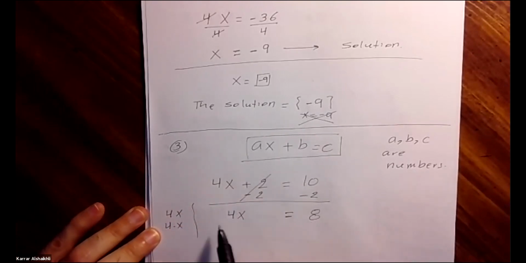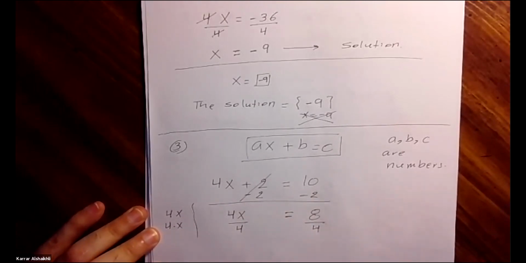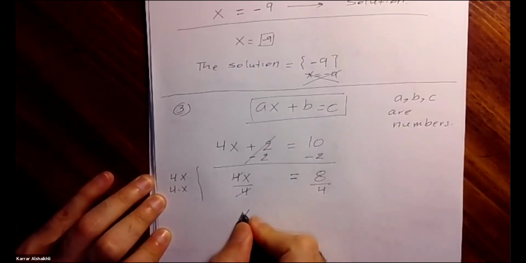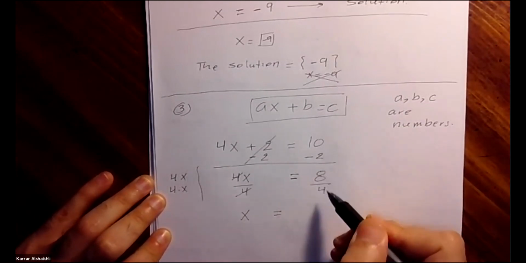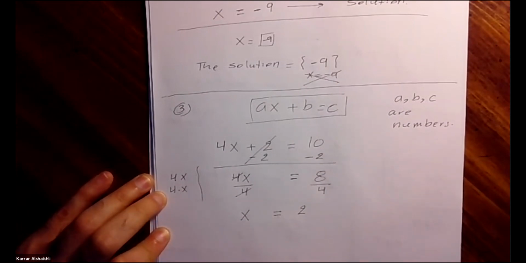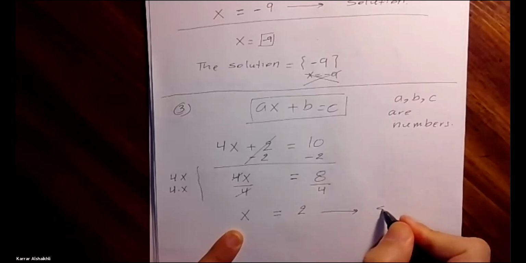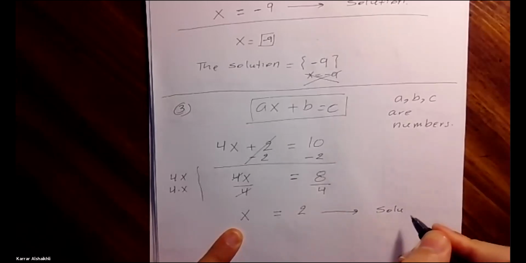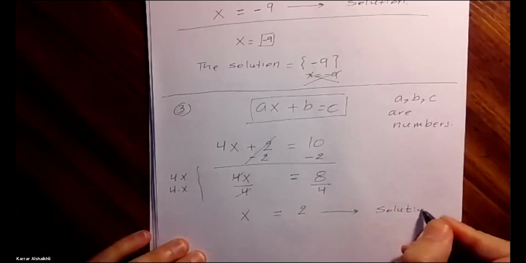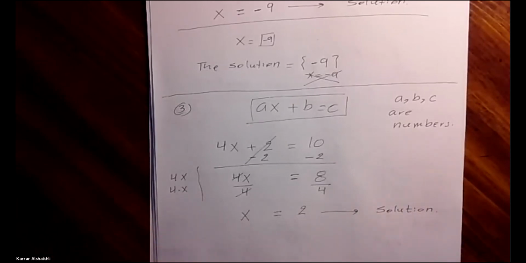So I'm going to divide both sides by 4. 4 cancels with the 4. The leftover here is just the x by itself. Equals 8 divided by 4, which is going to be 2. You see now, we have just the x by itself on the left side, and we have a number on the right side. That means this is the solution. We're done with this example.